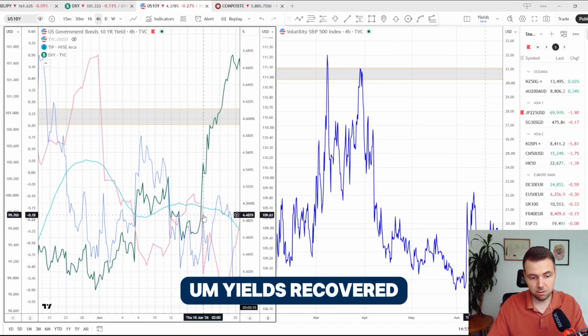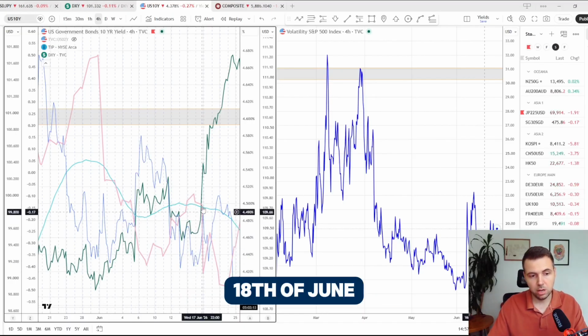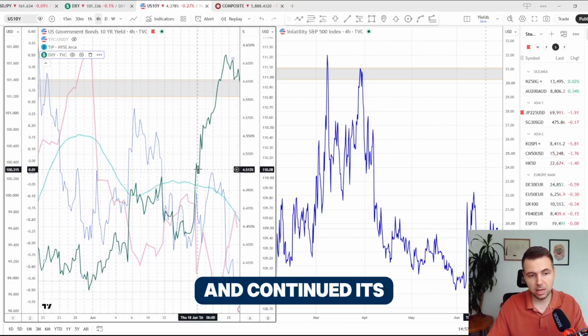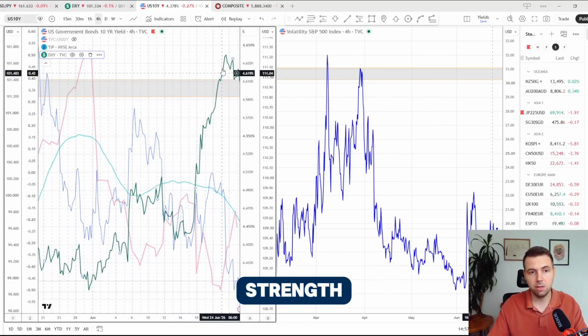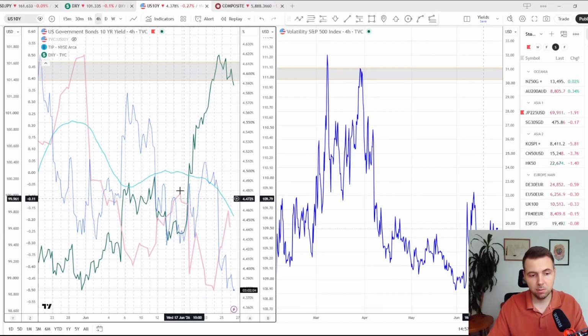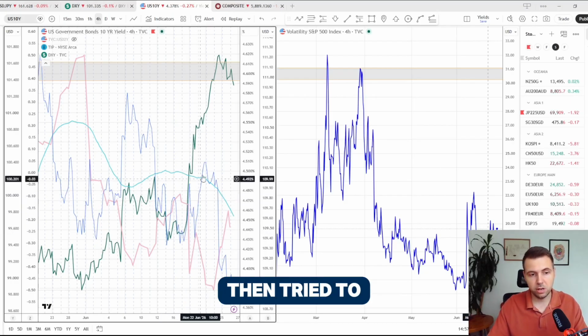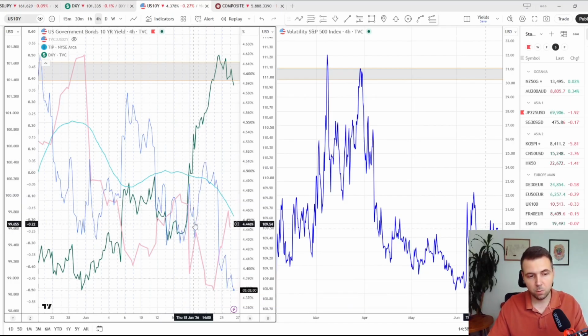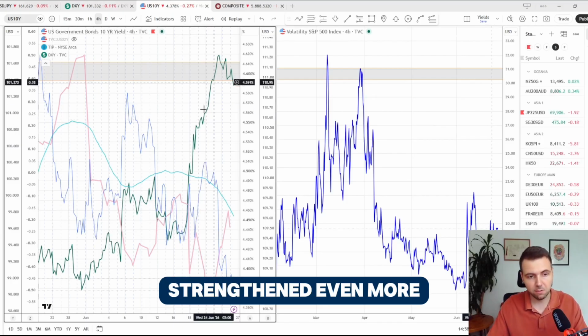Yields recovered on the 18th of June, the dollar recovered and continued its strength higher and higher. However, yields pulled back sharply, then tried to recover while the dollar even strengthened even more.